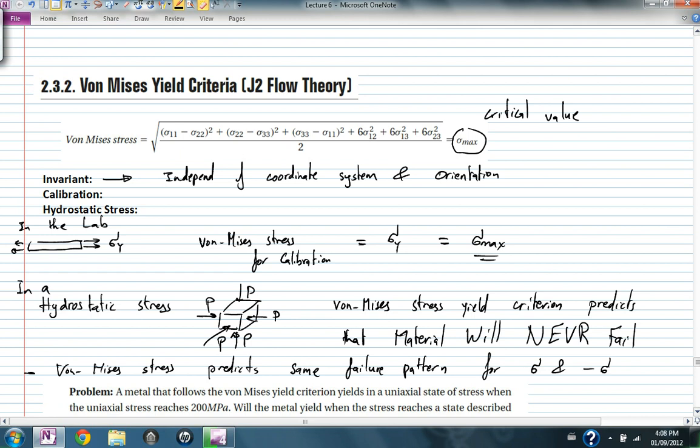If you take any value of stress and you take the negative of that value, the von Mises stress will predict the same pattern.